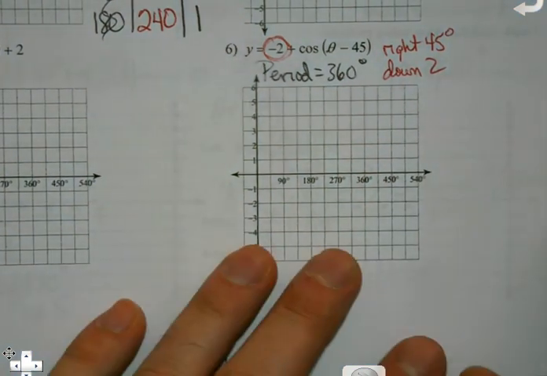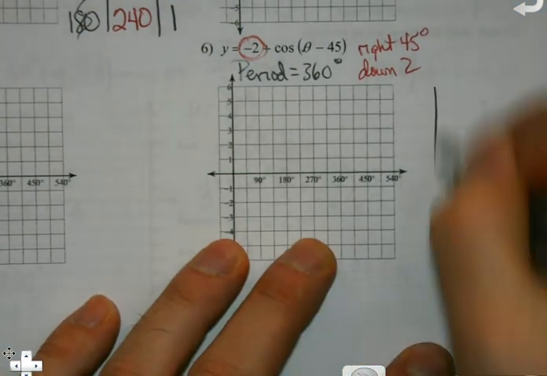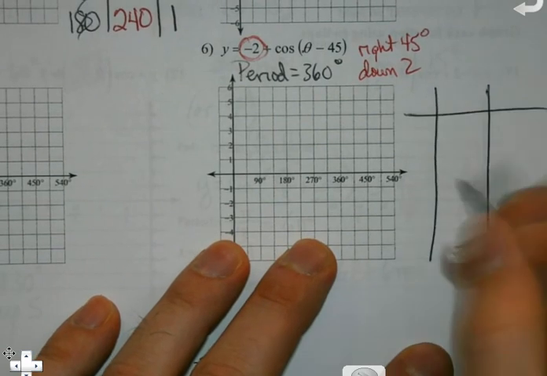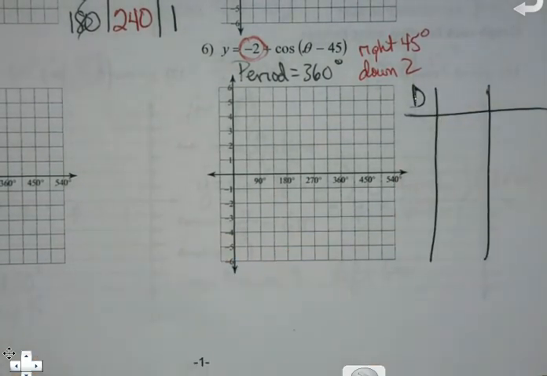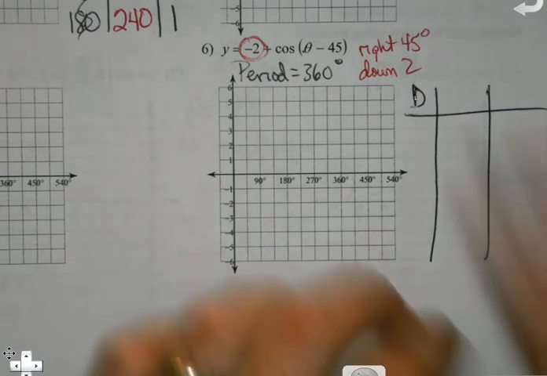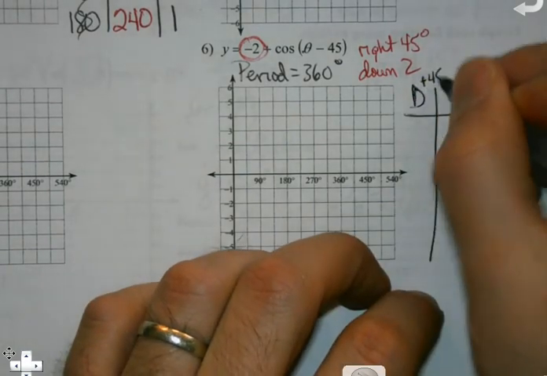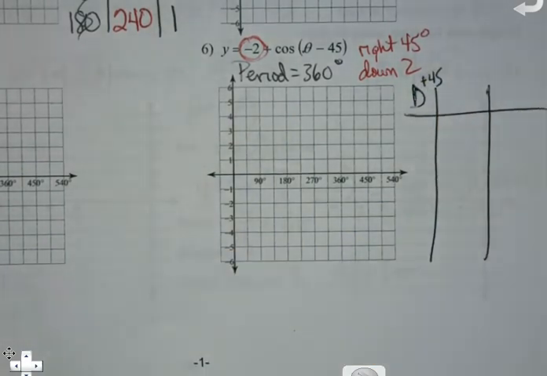So you're like, all right, we got this. When I look at my degrees, remember what your typical degree set is when you're working with 360: 0, 90, 180, 270, 360. You want to add 45 to that.